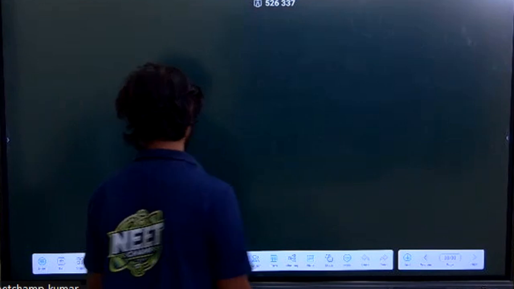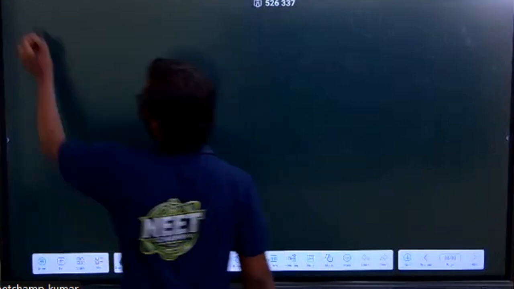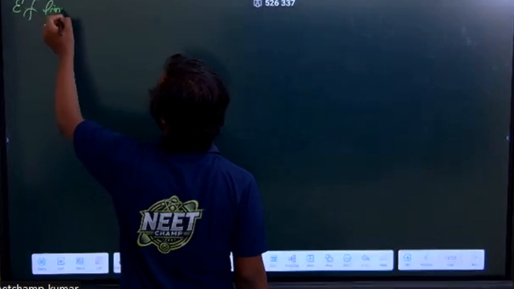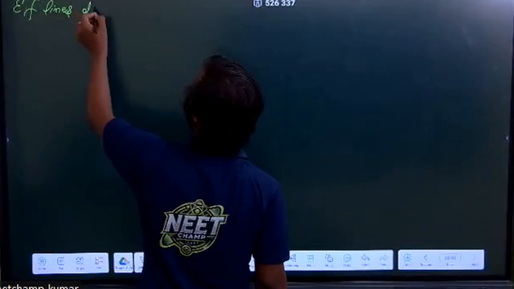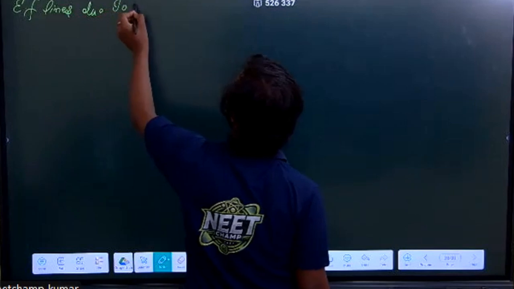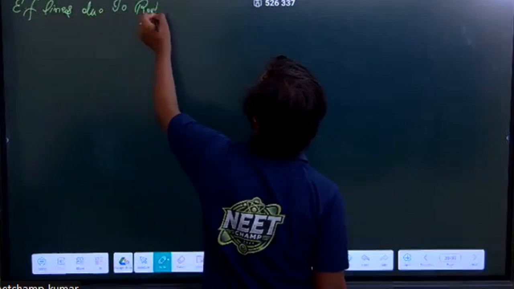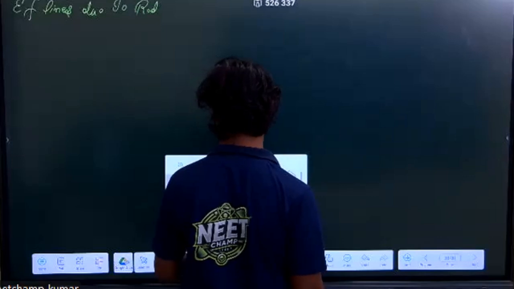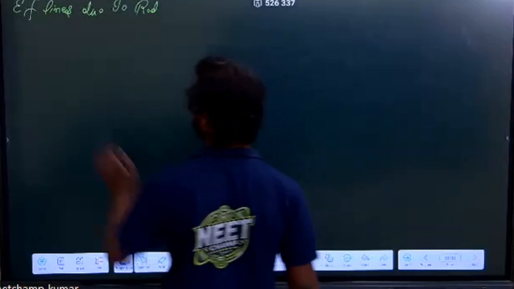So the first example we will do is the electric field due to a rod. If you remember, we have solved this question.